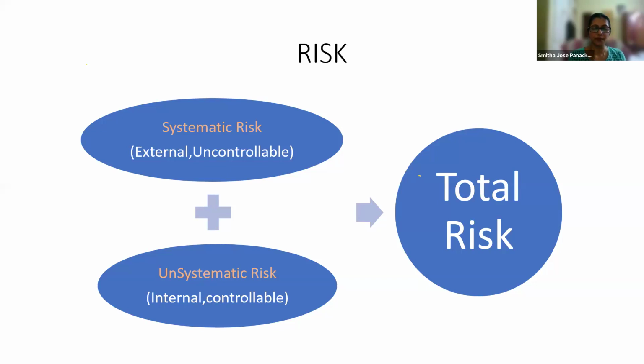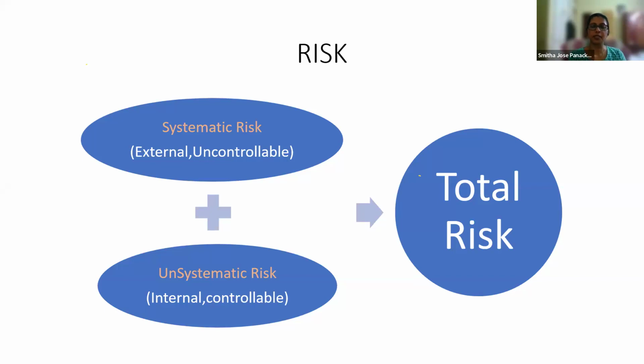You might have heard, if you put all your eggs in a single basket and something happens to that basket, your entire eggs will be lost, right? For that you can keep your eggs in different baskets, so that if something happens to one basket, it will not affect the other basket, and you can save a few of your eggs, right?